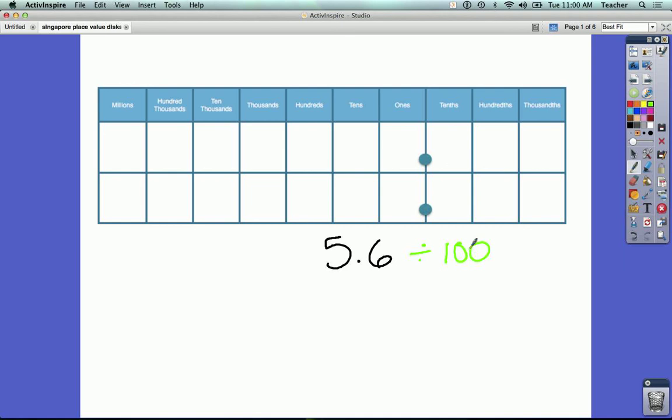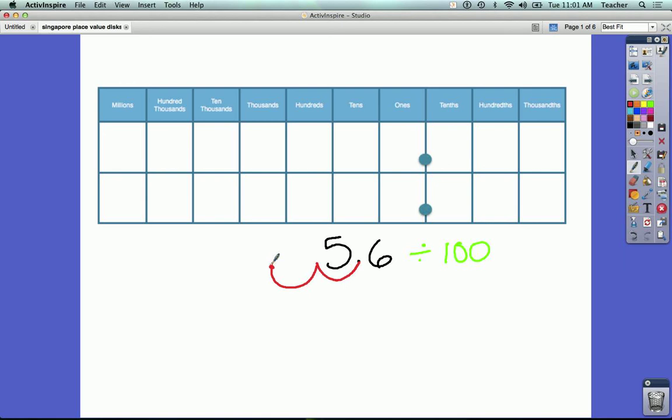So what direction am I going to move my decimal to make my number smaller? To the left? And I'm going to move it 2 places. So I go 1 place. Am I still good with that? I have a number there, don't I? And then I go another place. I just made a half zero and a half zero, which equals 100, right?